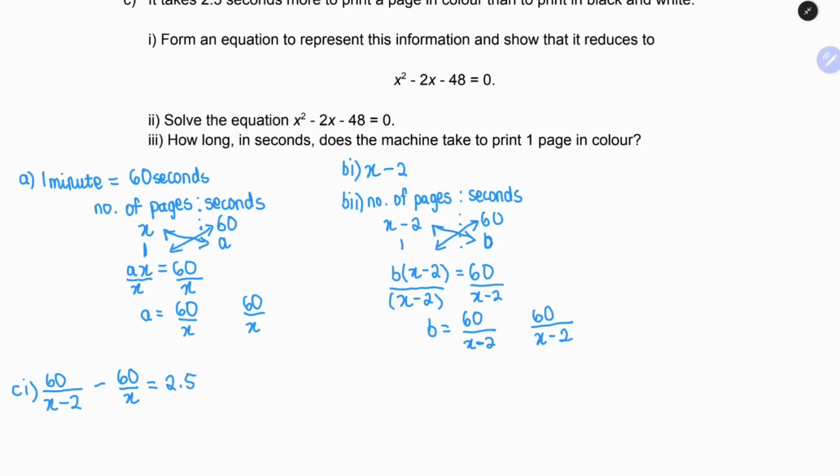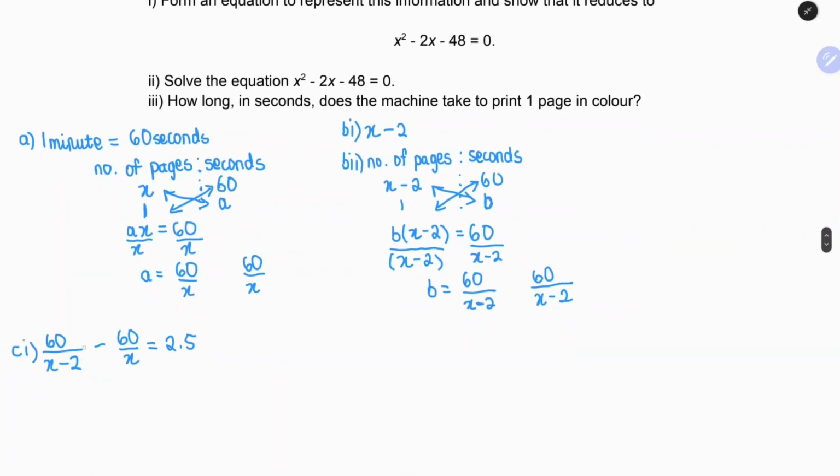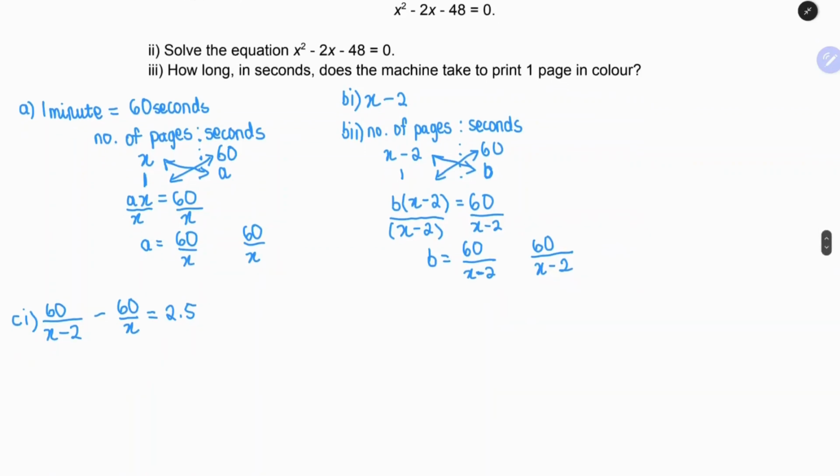So you'll have something like this. Since there's more time minus the less time is equals to 2.5. I hope it makes sense.